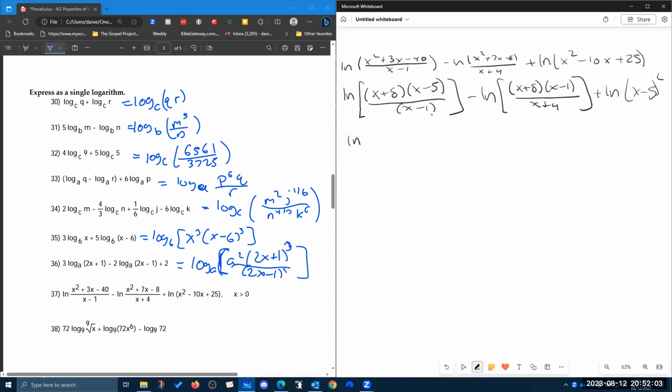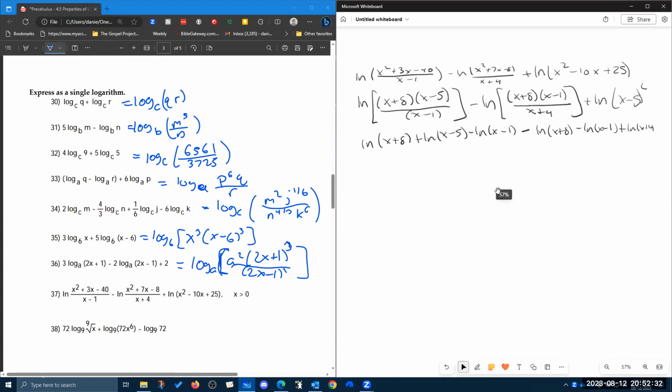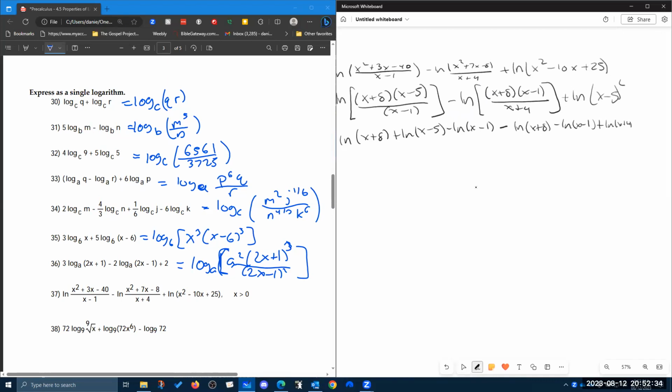So this is ln of x plus 8 plus ln of x minus 5 minus ln of x minus 1, minus, because there's a minus on the outside, ln of x plus 8 minus ln of x minus 1 plus ln of x plus 4, because it's minus a negative, plus 2 ln of x minus 5.